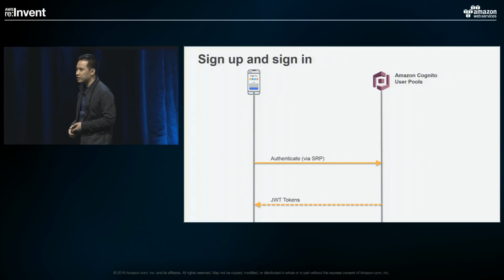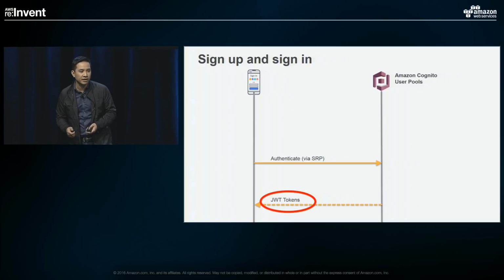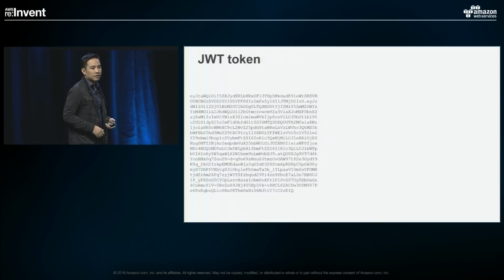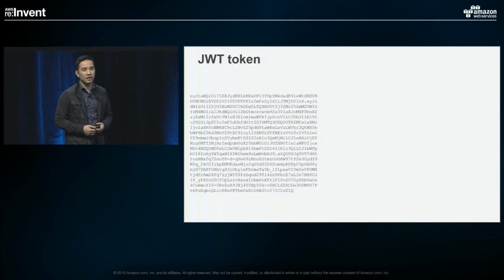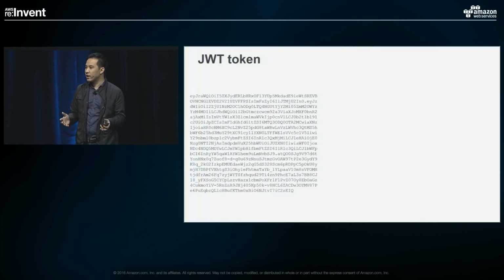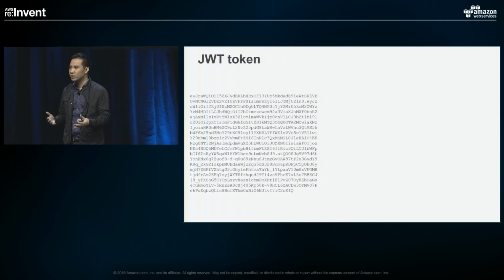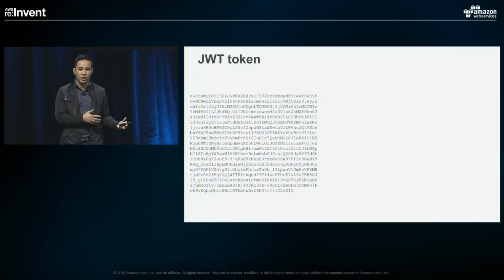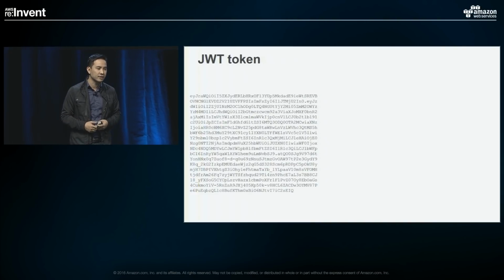So we talked about authentication and getting back JWT tokens. Let's look at what that means. So this is what a JWT token looks like, JSON Web Token. And it's essentially a compact way for one system to send an assertion to another system. It's an open standard, which means that there's a lot of open source libraries out there to decode and encode these JSON Web Tokens.